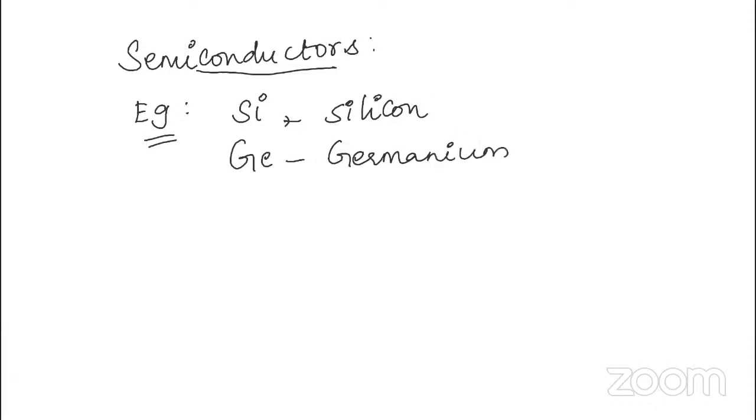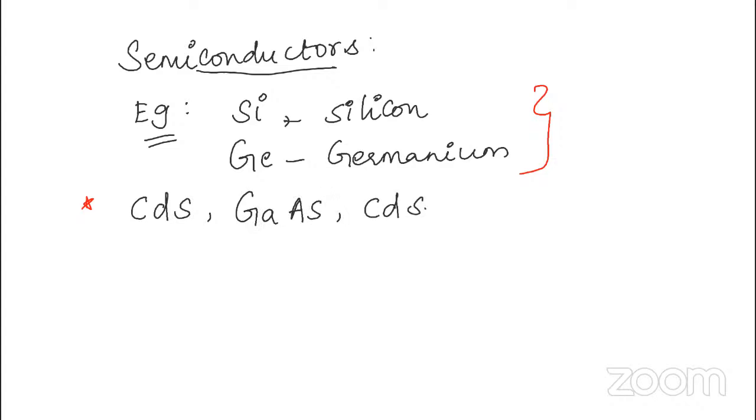These two are used frequently. Besides these, some other combinations are cadmium sulfide, gallium arsenide, cadmium selenide, indium phosphide, and silicon germanium. These are the metals used in combinations.